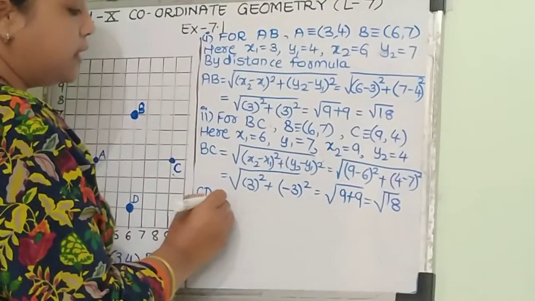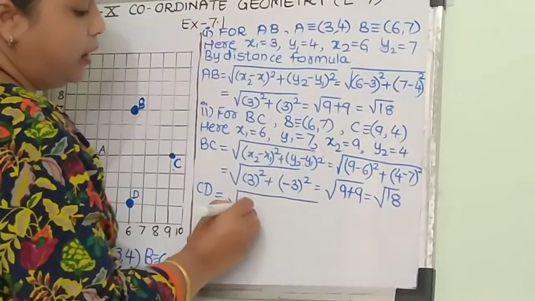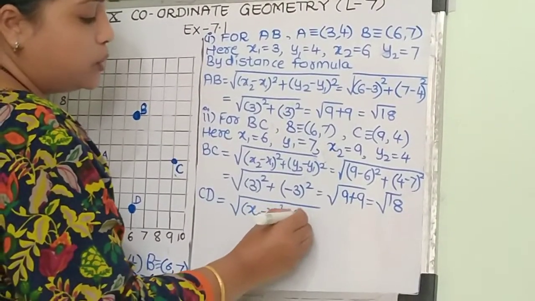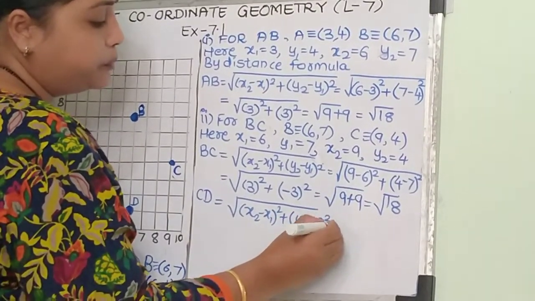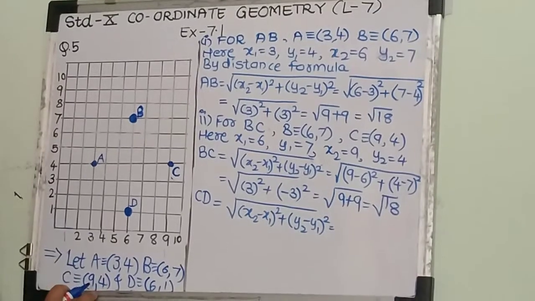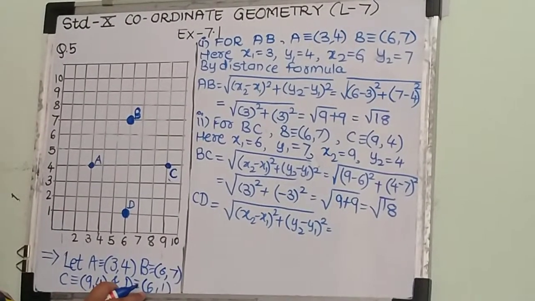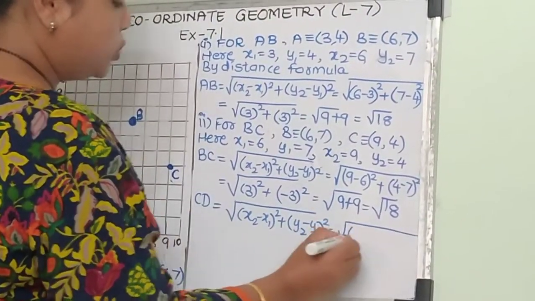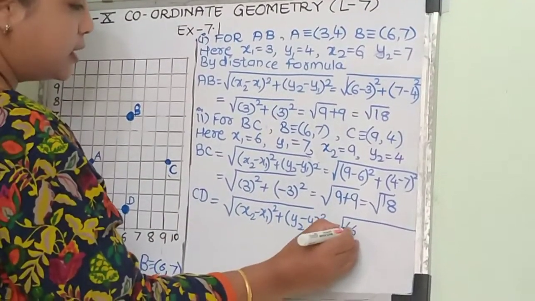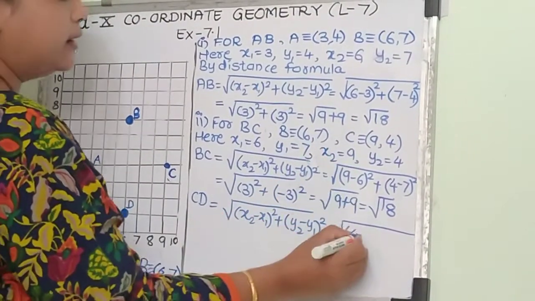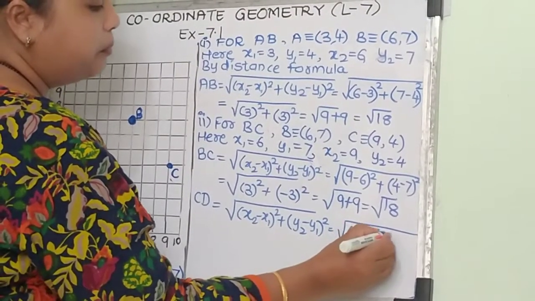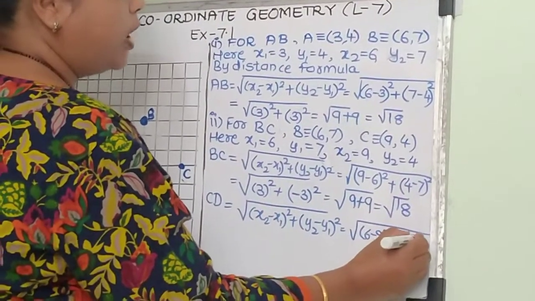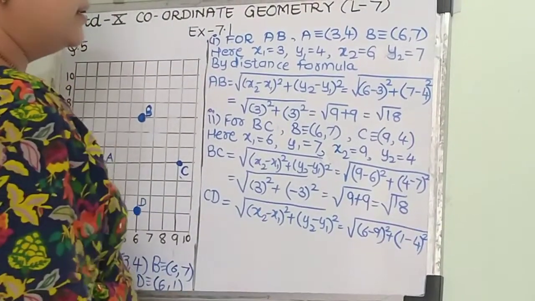Similarly, now for CD, I will write the formula directly and substitute the values. See here, C's coordinates are 9, 4 and D's coordinates are 6, 1. So here x2 is 6 and x1 is 9, square, plus y2 here 1 and y1 is 4, bracket square.